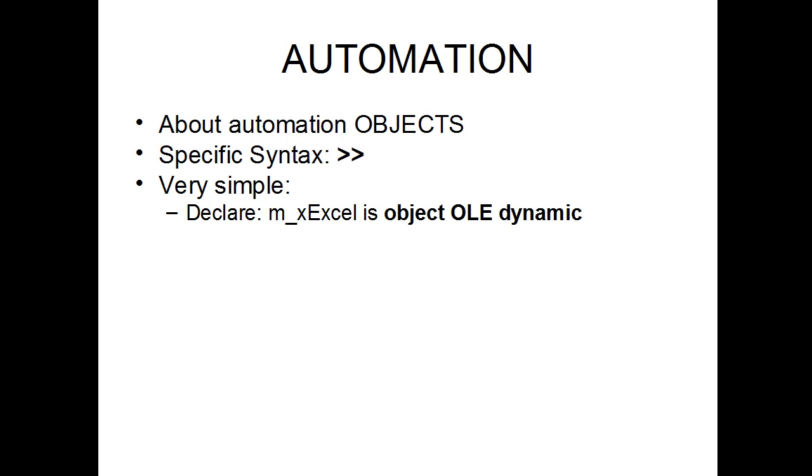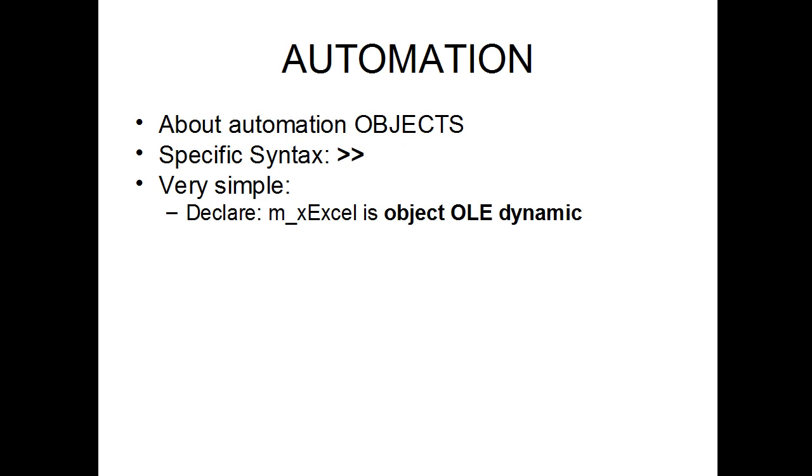So this is some coding that has been done inside a class, a regular WinDev class, and you're saying that it is an object. And what type of object? OLE dynamic. That's the only syntax that is available for automation objects. Then that is just the declaration of the name. You're saying that m_xxl is going to be an object OLE dynamic.